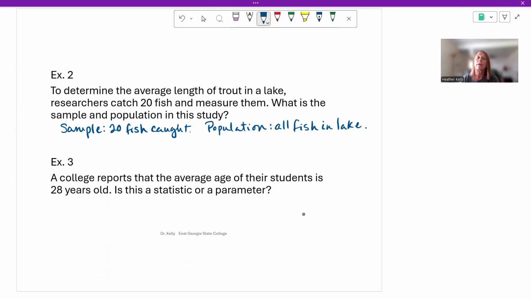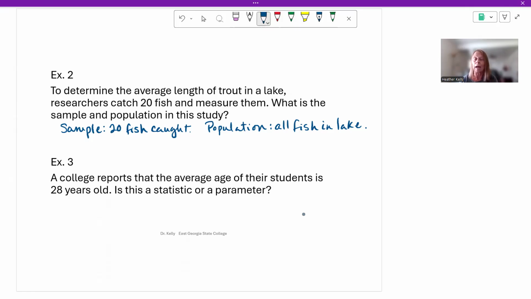A college reports that the average age of their students is 28 years old. Is this a statistic or a parameter? Well, I want you to always think that anything that has had data and has had calculations done is a statistic. How do we get averages? We add them all up and then we divide by the number of people, right?